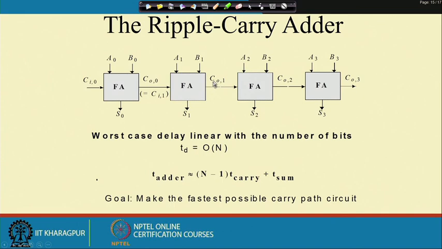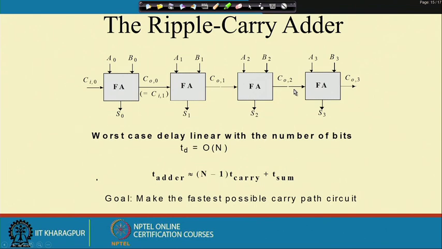Then again, unless and until this carry is generated here, I cannot start the operation of this particular full adder cell. Again for this, I cannot start this. So, that is why I have to wait for the carry to be available at this particular time.